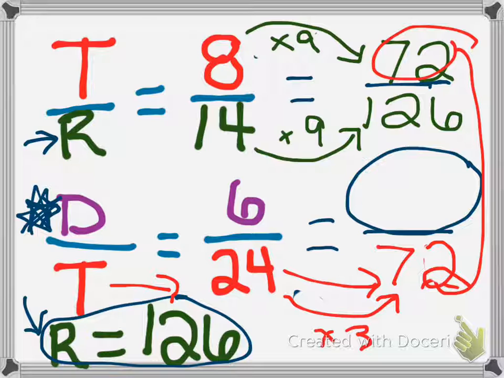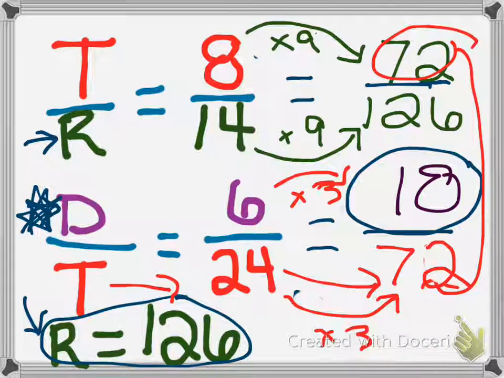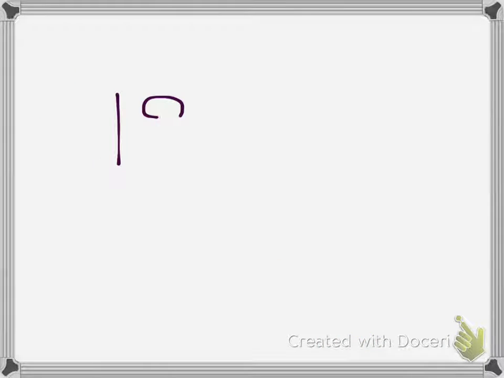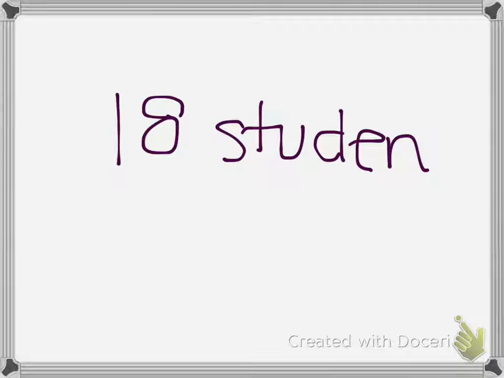Whatever you do to the bottom, you need to do to the top. And you know that 6 times 3 is going to give you 18. And there's your answer. So there must be 18 students in the debate club. And there you go.